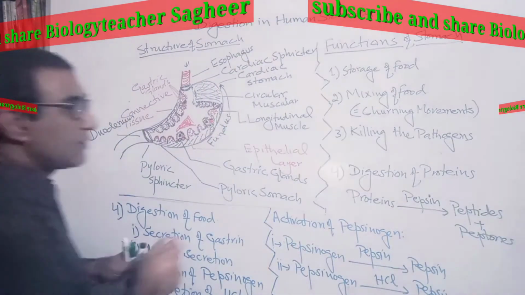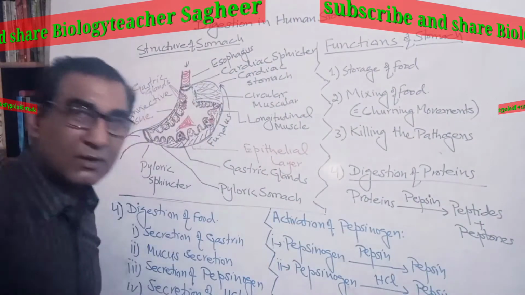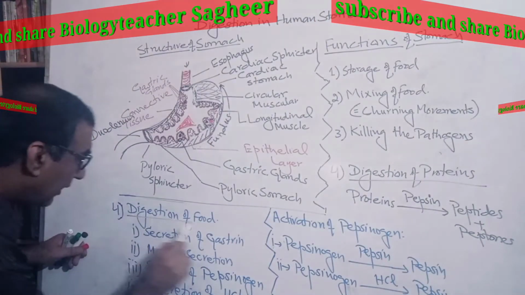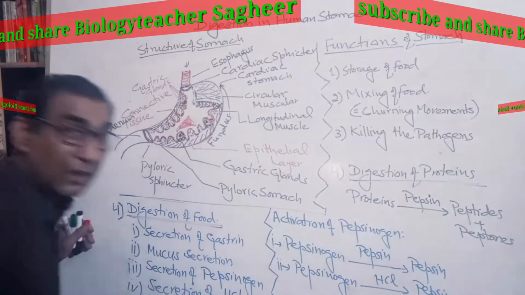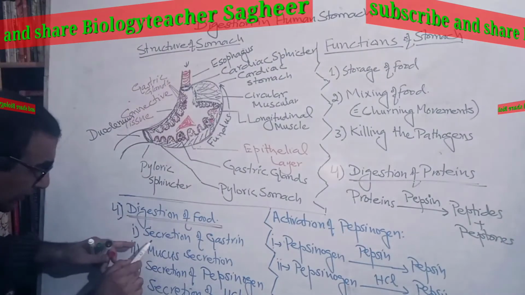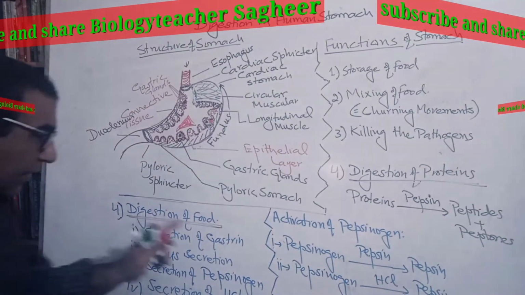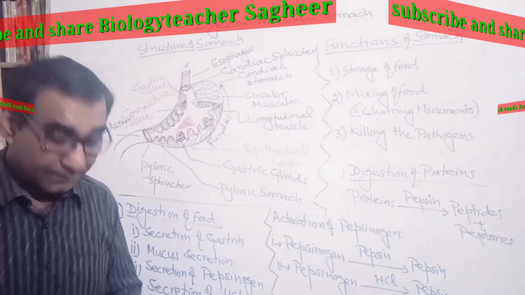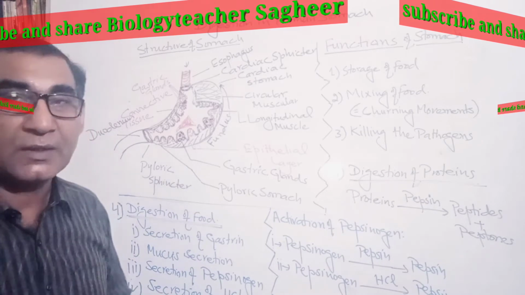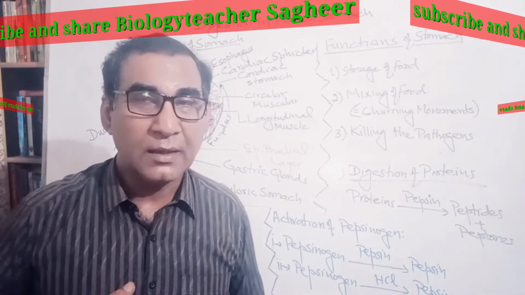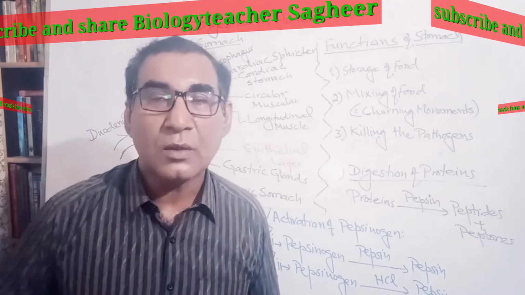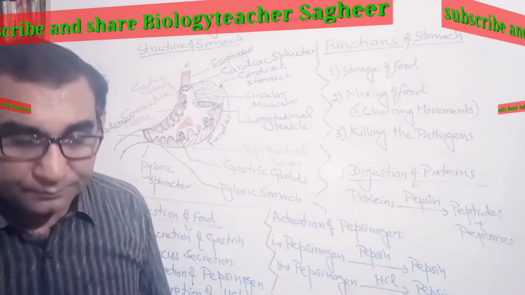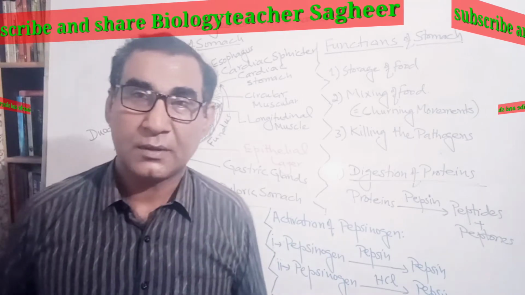If you take into consideration this digestion of the food material, I have written here the main head of the digestion of the food material. Secretion of gastrin is the first step. As the food material reaches your stomach, as it touches the walls of your stomach, what happens? Gastrin is produced.